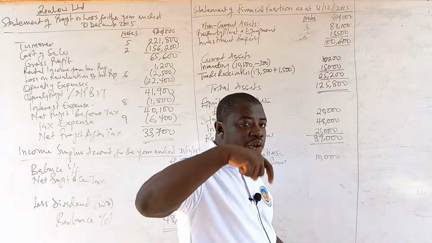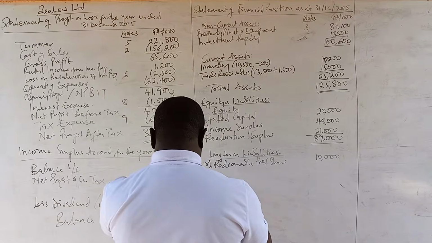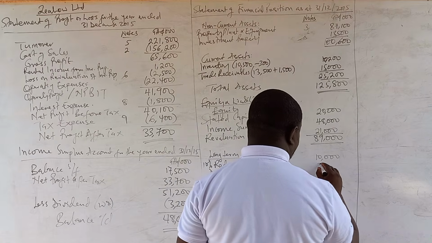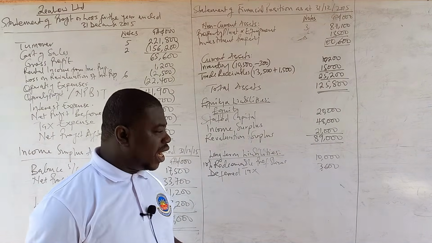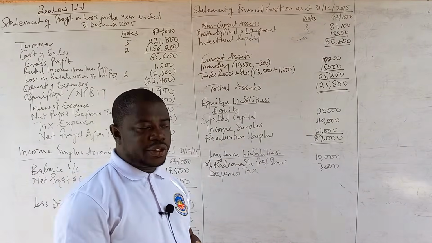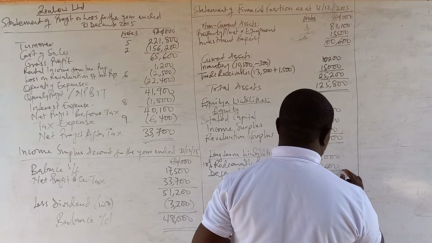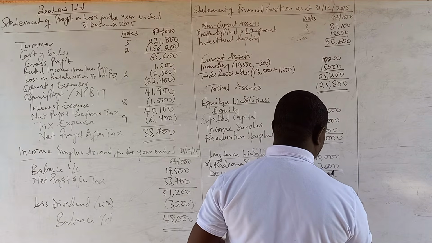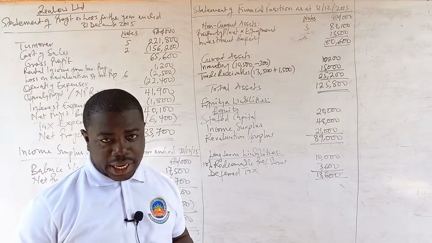We are going to use the closing balance, which we had, which was the 3,600, will also come as a long-term liability. So deferred tax, 3,600. So these are the only two liabilities that we have. So whilst the preference share becomes a long-term debt, the deferred tax also appears as a liability. So total non-current liability gives us 13,600. So we show that as an underline.